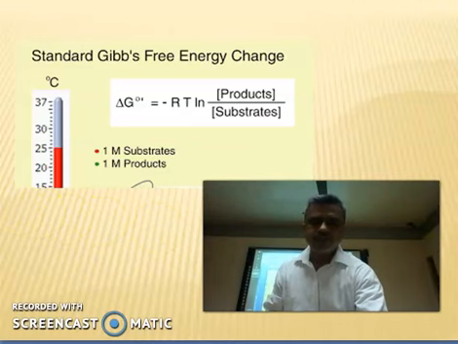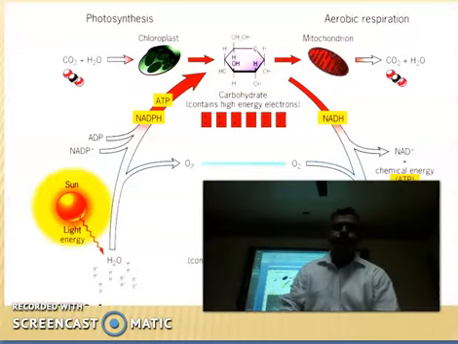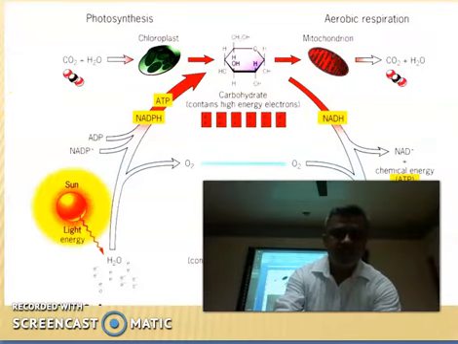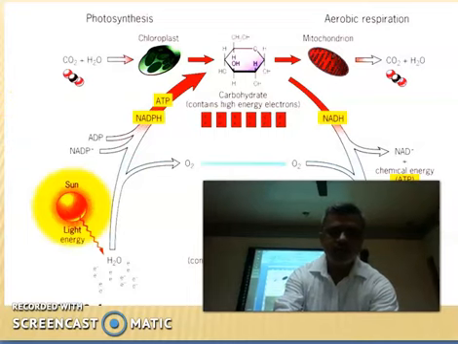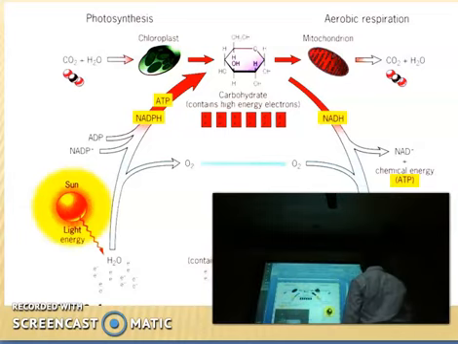Through which the respirations, photosynthesis and aerobic respiration. Here H2O is there, so no need to change much more. Photosynthesis: what will happen in photosynthesis? It utilizes H2O, 6 CO2 plus 6 H2O.